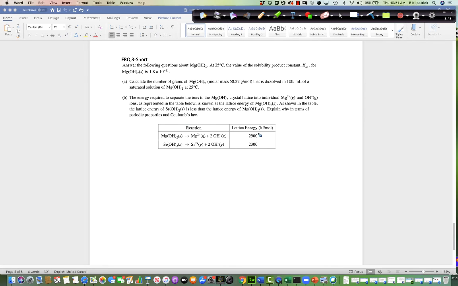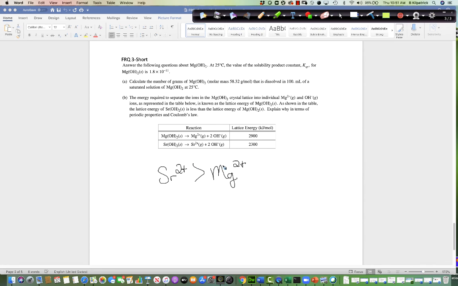So why is this higher than this one? The only difference between these 2 compounds is the cation. When we compare magnesium to strontium, strontium is lower on that group, which means that this is larger than this. So you get a point just for identifying the fact that strontium is going to be larger than magnesium, or you could say that magnesium is smaller.